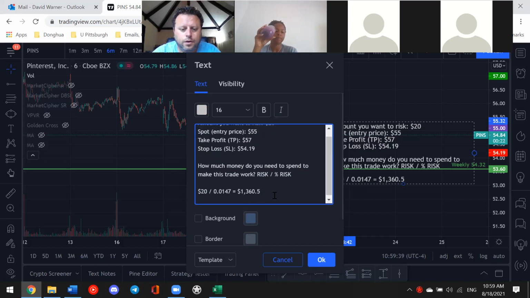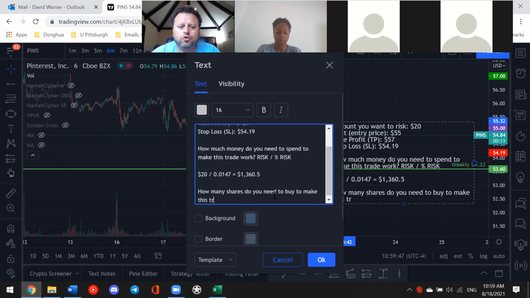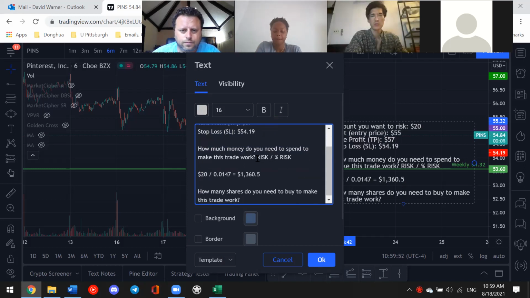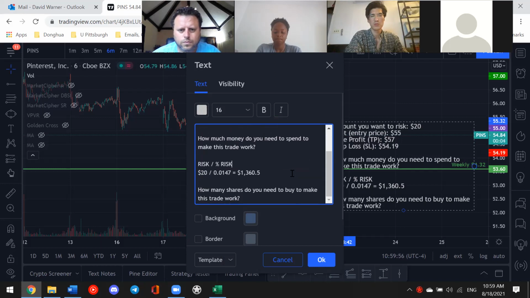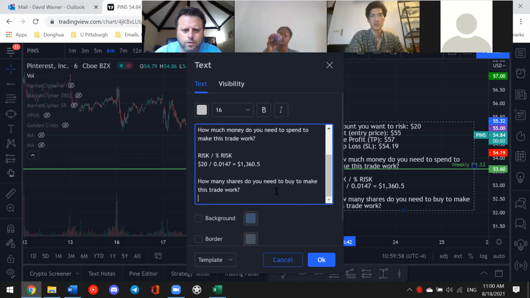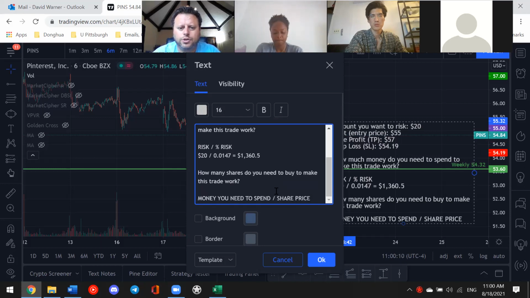So the next is, how many shares do you need to buy to make this trade work? And the calculation is money you need to spend divided by share price.